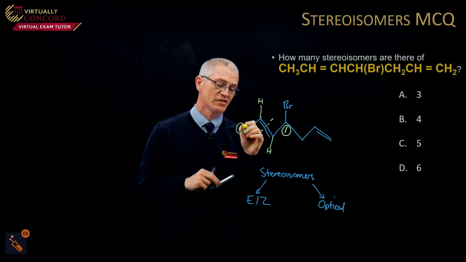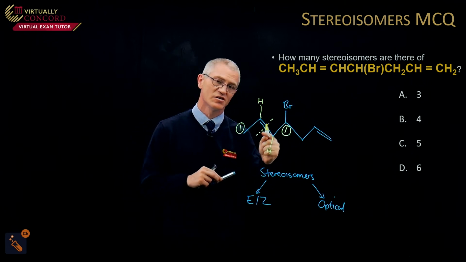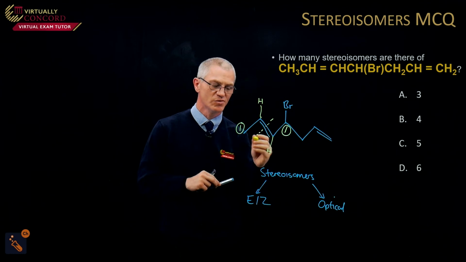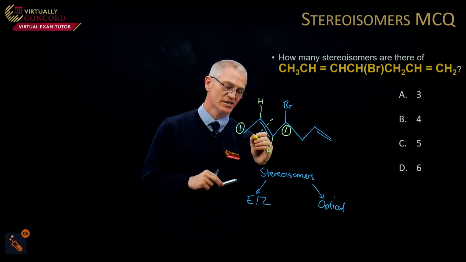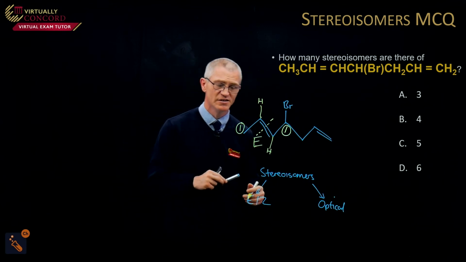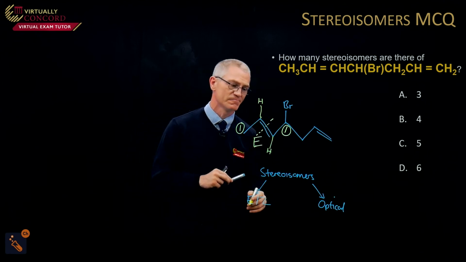So that is number one here. So that means our highest priority groups are on different sides. And if they're on different sides, if you remember, it is going to be an E. So this one that I've drawn is an E isomer. But not so important for this question, but good revision nonetheless.